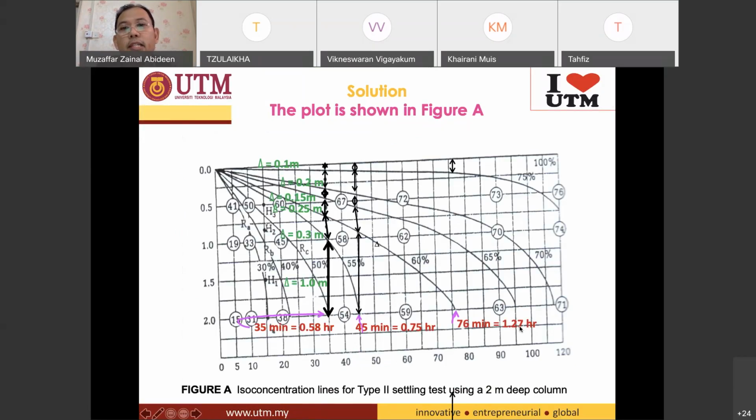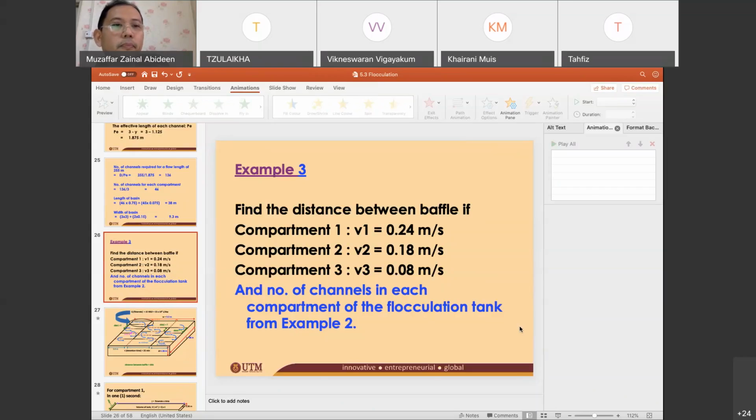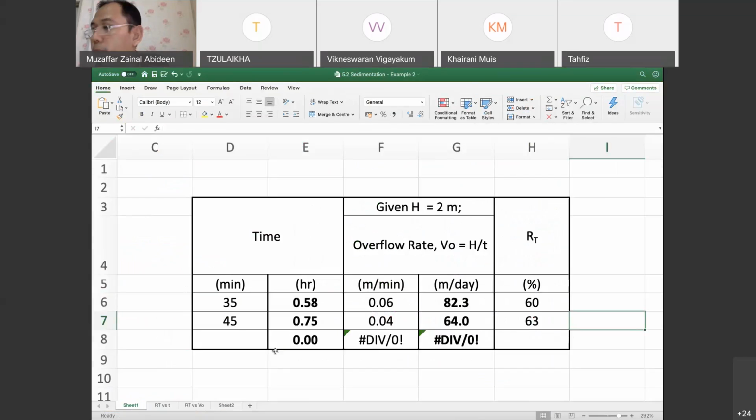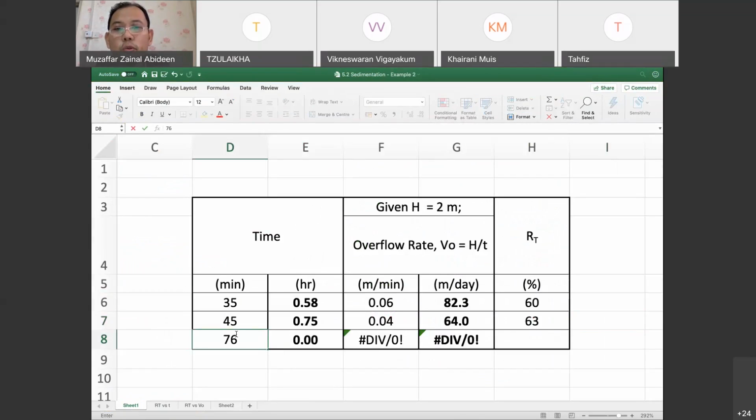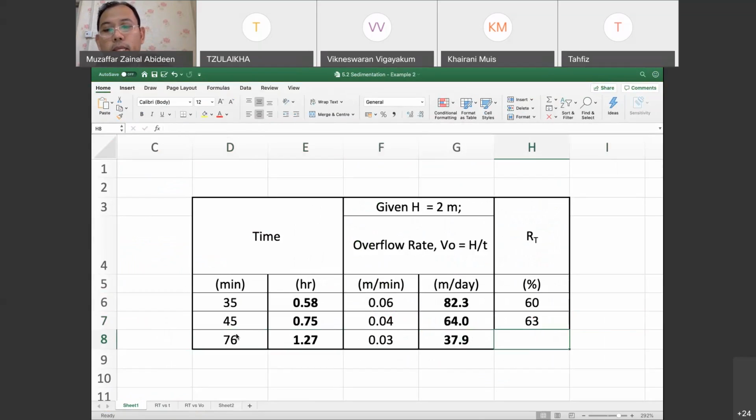We have to find our delta H and another delta H. I've already done the calculation for the RT, and the value for the RT is 68%. So our time was 76 minutes that I chose.